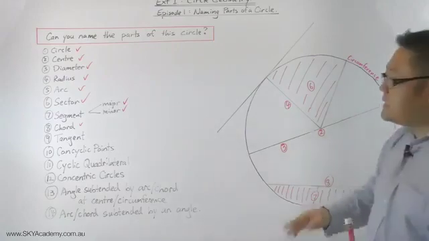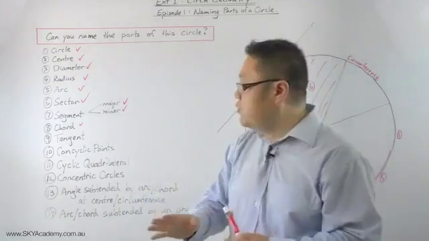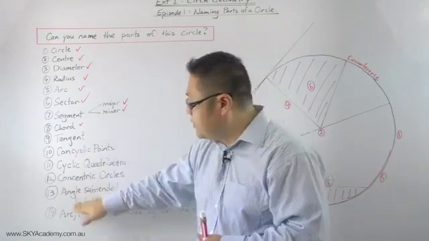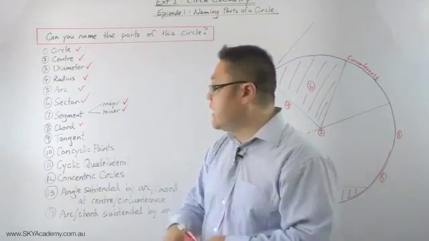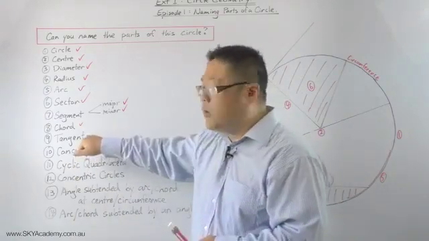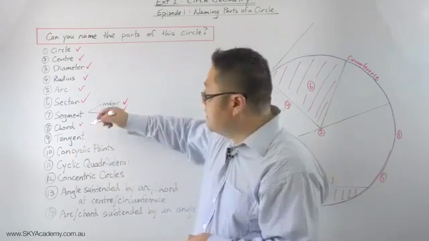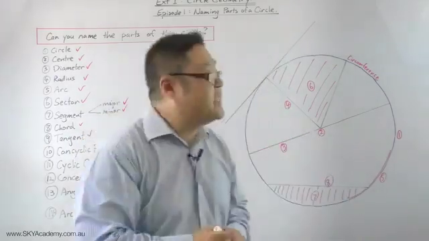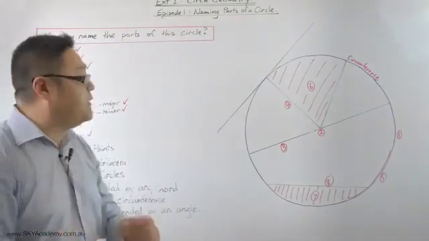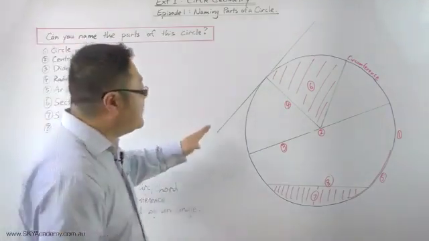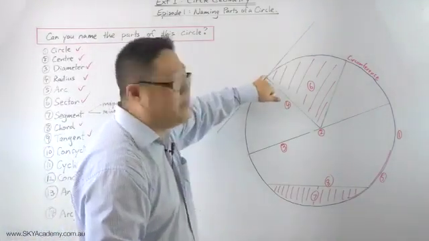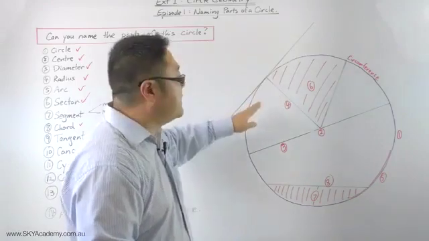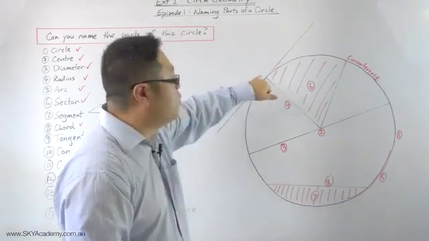Now, the last thing that I want to go through before we go through some of this stuff, which is a little bit more detailed, is what a tangent is, okay? A tangent is a very specific type of line that touches the circle at one point. Only at one point. So it touches the circumference of the circle at one point.